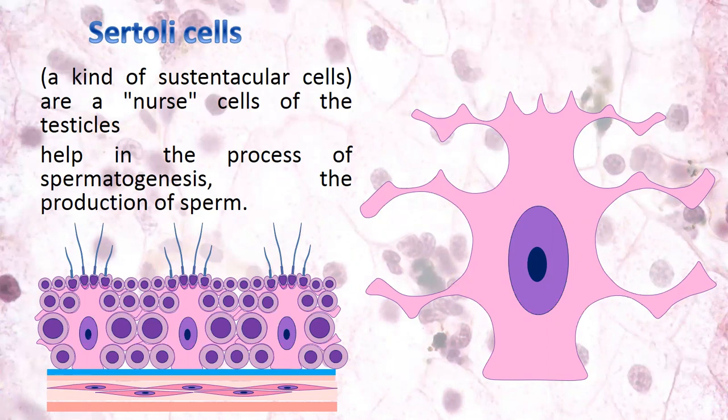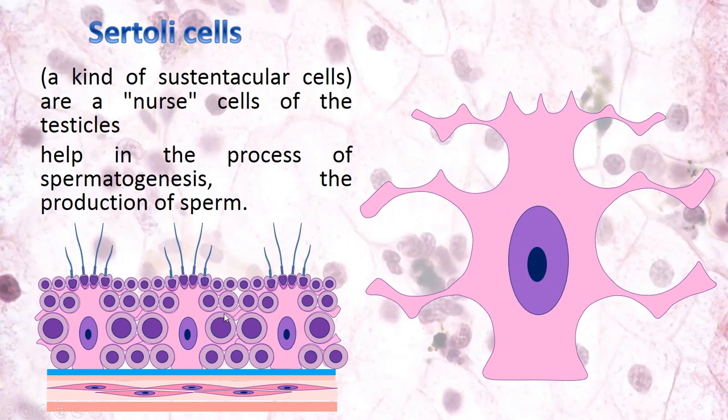And also they produce androgen binding protein. It's a special protein which provides binding of testosterone, which is produced by Leydig cells. Leydig cells produce testosterone, and Sertoli cells produce androgen binding protein. Testosterone cannot make a direct influence on spermatogenic cells.